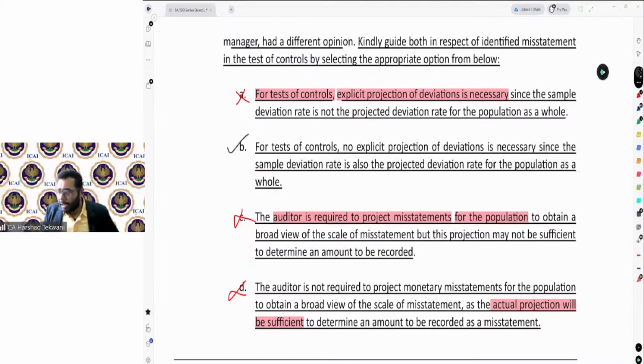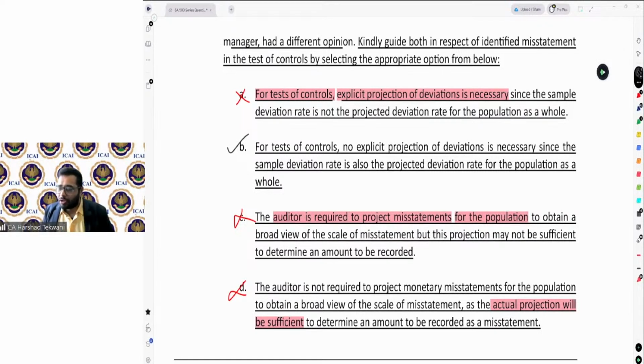I'm expecting that there will be a deviation; the tolerable rate of deviation is also the projected deviation rate for the population, because I calculate a percentage, 5%, 10%, or 2.5%. There will be a deviation of 2.5%. When I say deviation of 2.5%, it's on the sample or on the population. It should be the same.